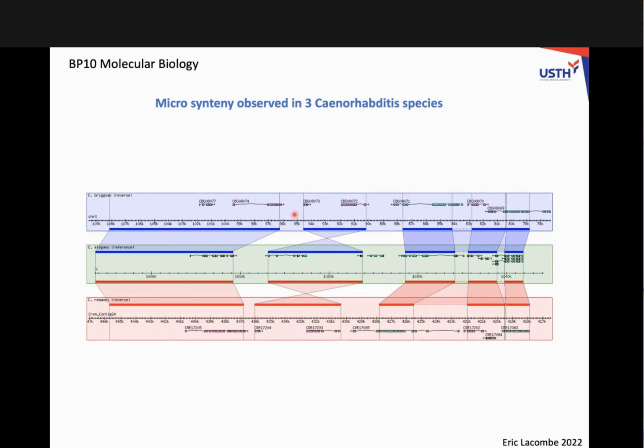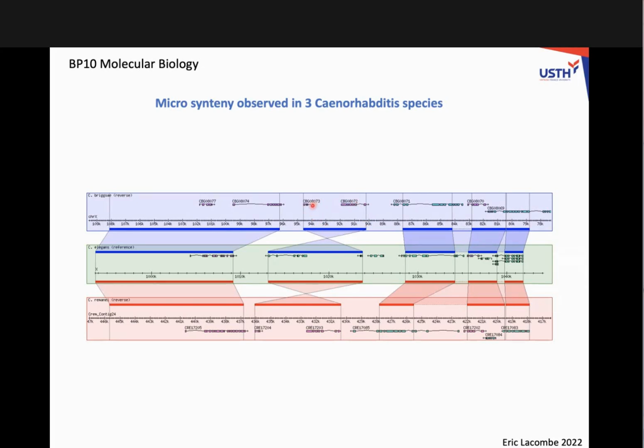And I just want to come back to this last example here, in the middle of the drawing. Here you see that there are crosses like that, and this is very interesting. It means that the genome sequence of this individual, briggsae, in this region, from position 95, let's say, to 80, contains two genes.